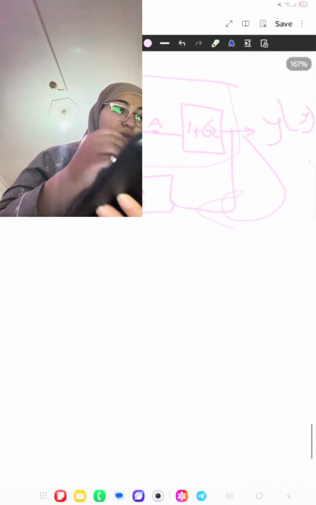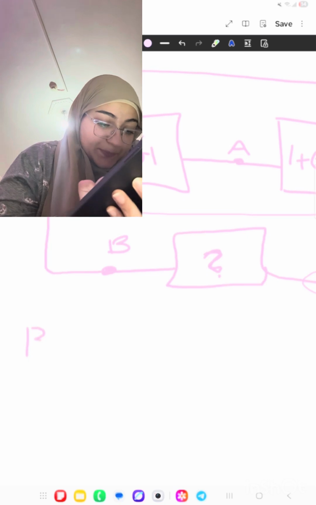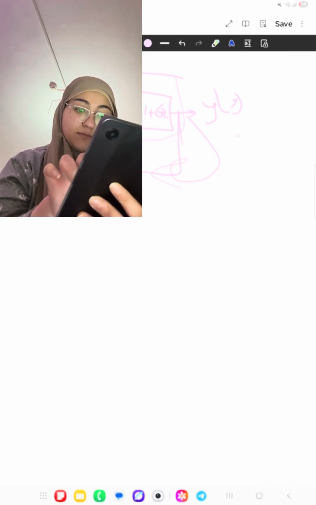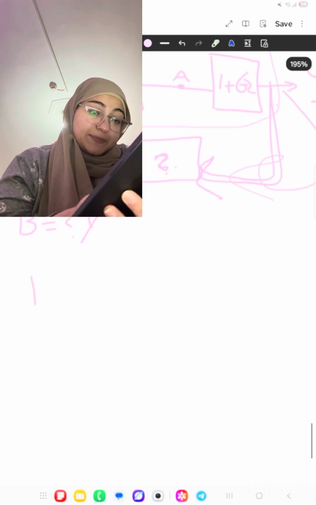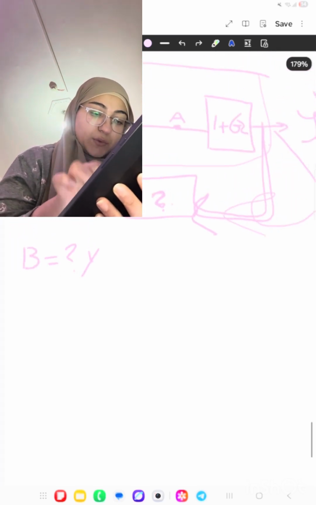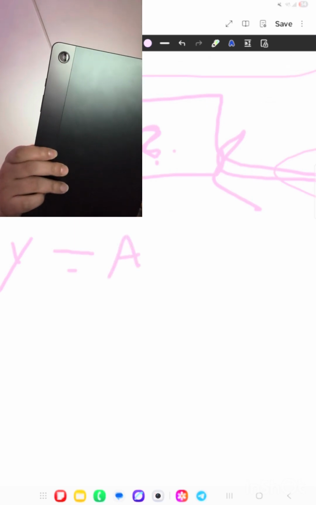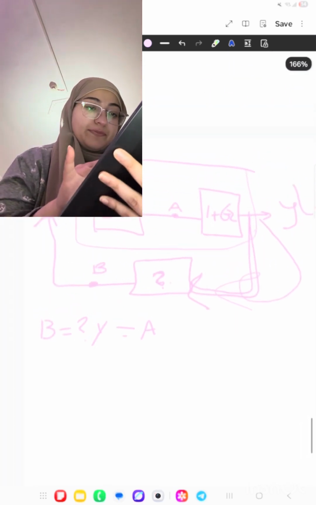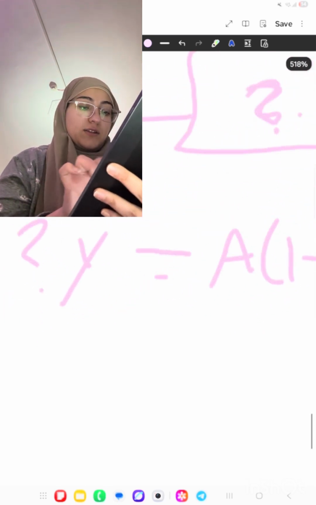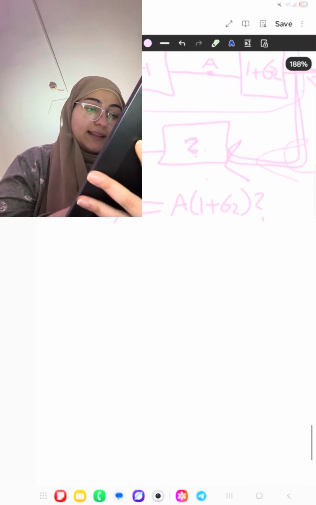To find this question mark, we just need to say that B equals this question mark multiplied by Y. And A, when we want to find it, is going to be A multiplied by 1 plus G2, of course multiplied by the question mark.